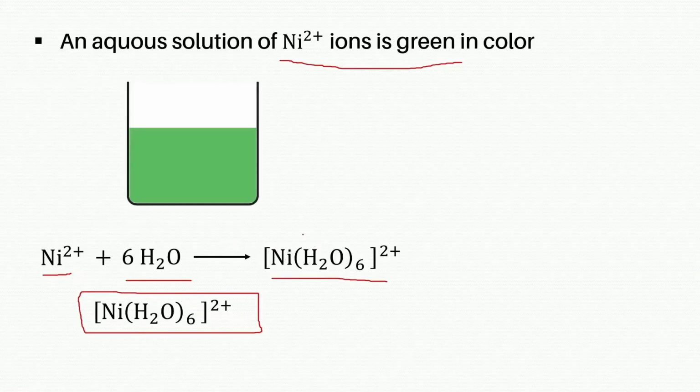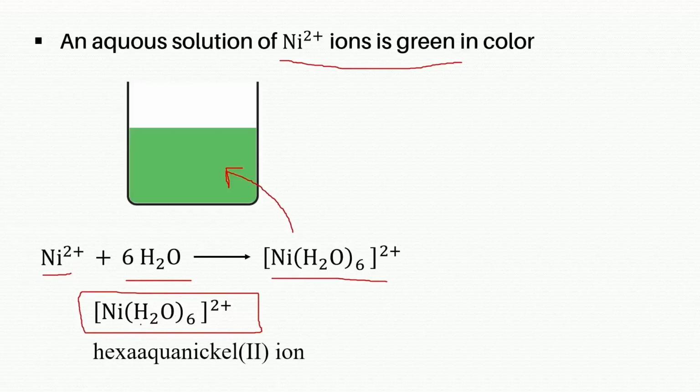The color of this complex ion is green, so it gives the color to this aqueous solution. Now you can say the reason for this green color is the presence of [Ni(H2O)6]2+, or hexaaqua nickel(II) ion.